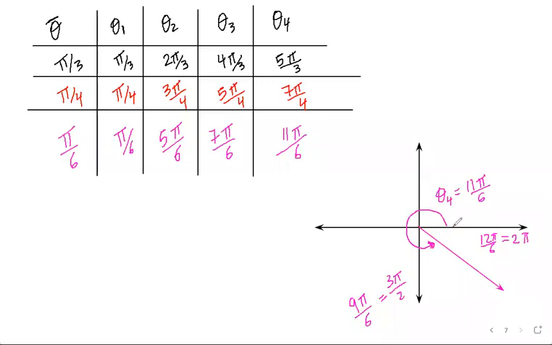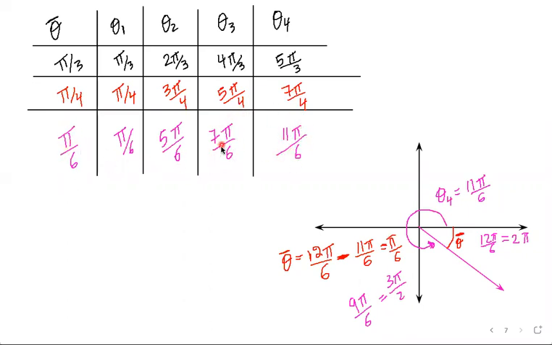What is its value? It is 12 pi over 6 minus 11 pi over 6, and this is equal to pi over 6. So the reference angle for 11 pi over 6 is pi over 6.